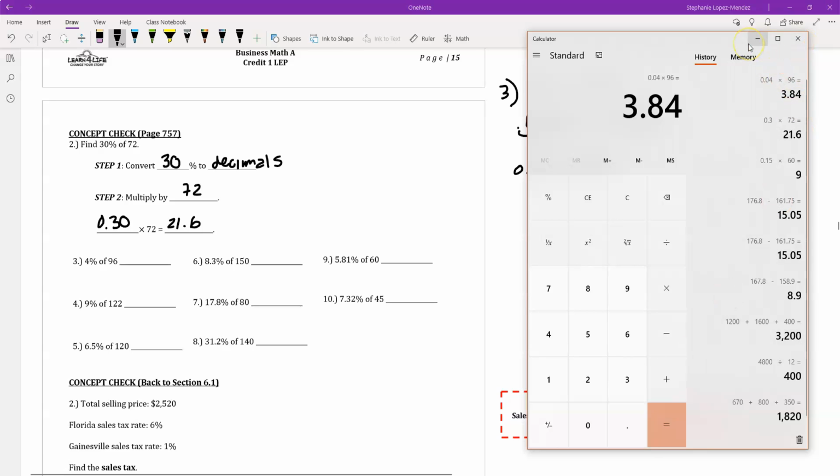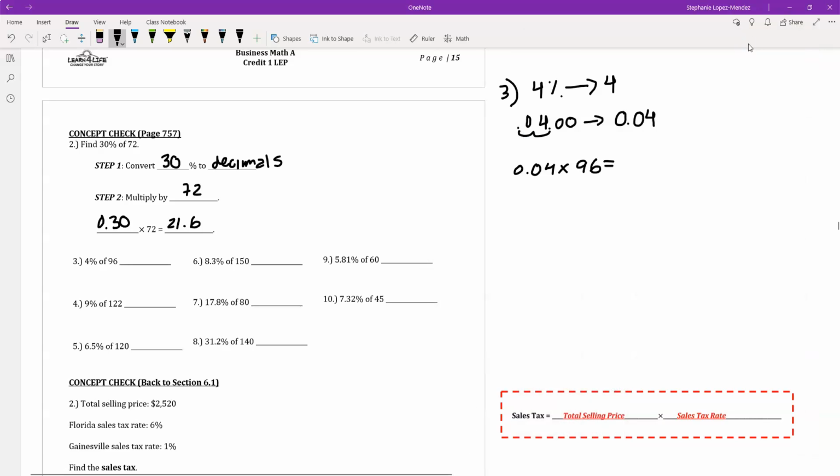That is 3.84. So my answer here is 3.84. So now I know that 4% of 96, it's only 3.84.